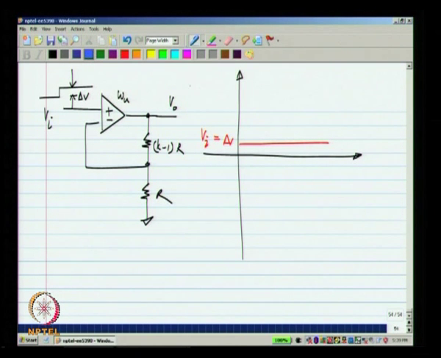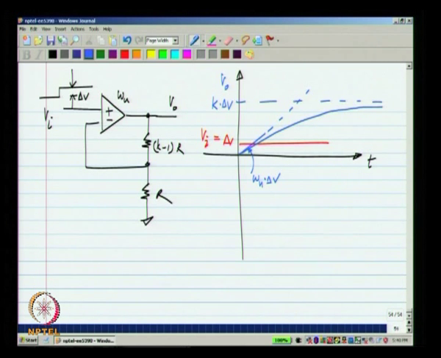The output must reach k times delta V. What it does is, initially it starts off with a slope of omega u times delta V, and then asymptotically reaches k times delta V. This we have seen earlier in our original analysis of the negative feedback amplifier.